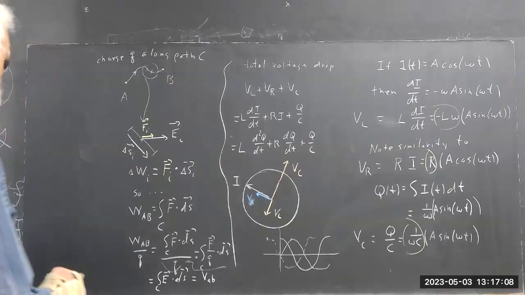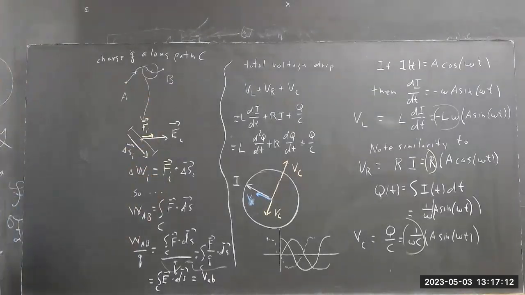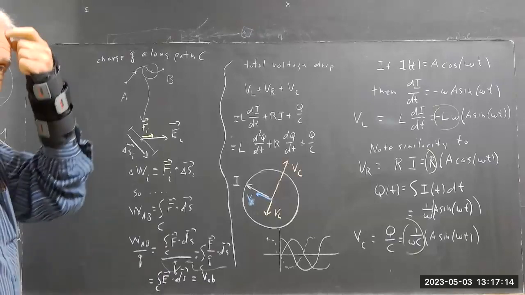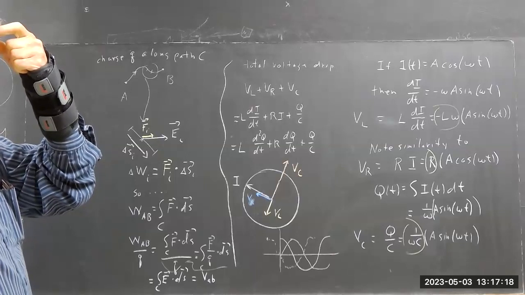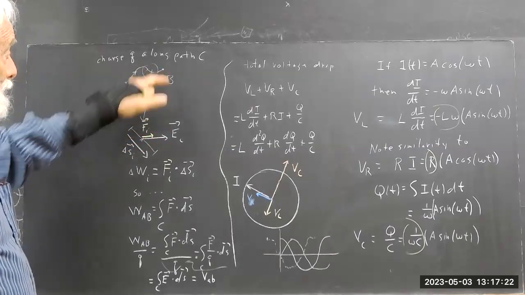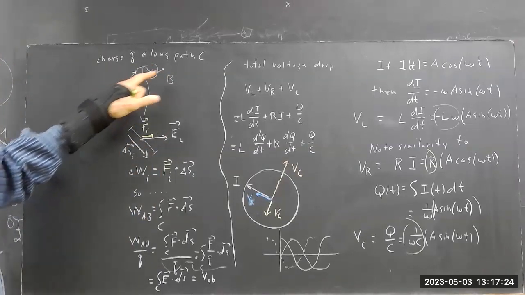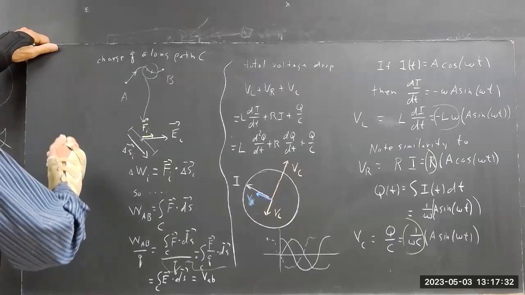And the other thing is, of course, if it's an electric field, it's a gradient. Electric field is a gradient, which means that the work between here and here doesn't depend on the path. It's a conservative field. So let's just make sure we understand that.